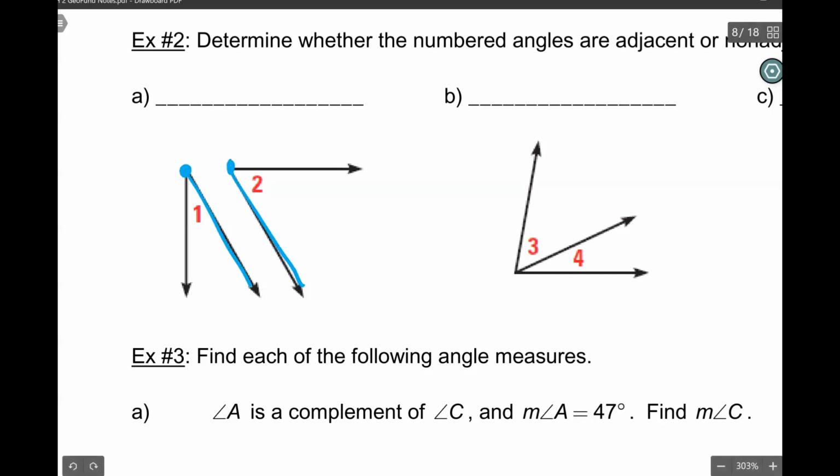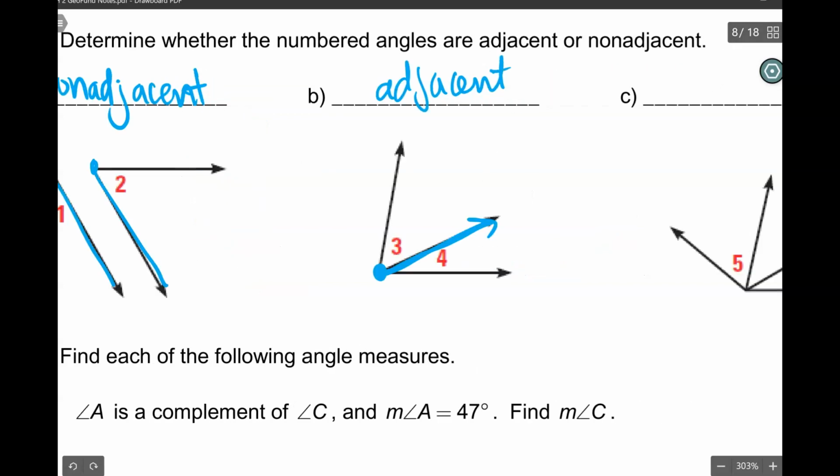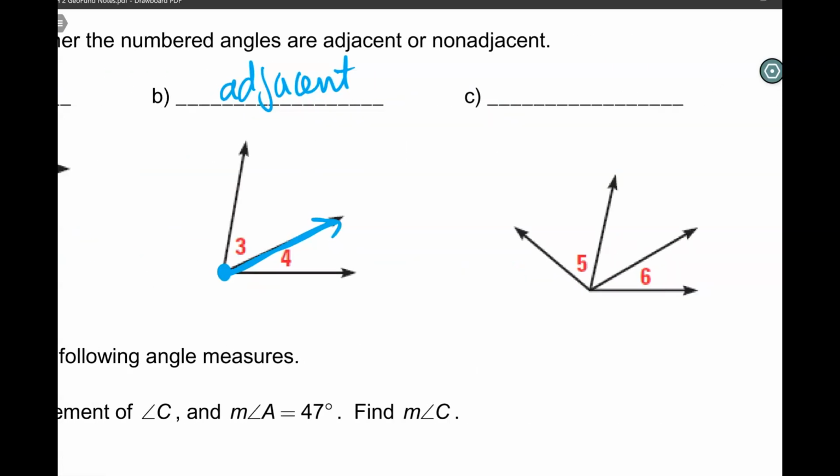I mean, if we shove them together, they would be, but these are non-adjacent angles. Over here, we have a common endpoint. We have a common side. So these are going to be adjacent angles. And then over here, I have angle 5, angle 6.